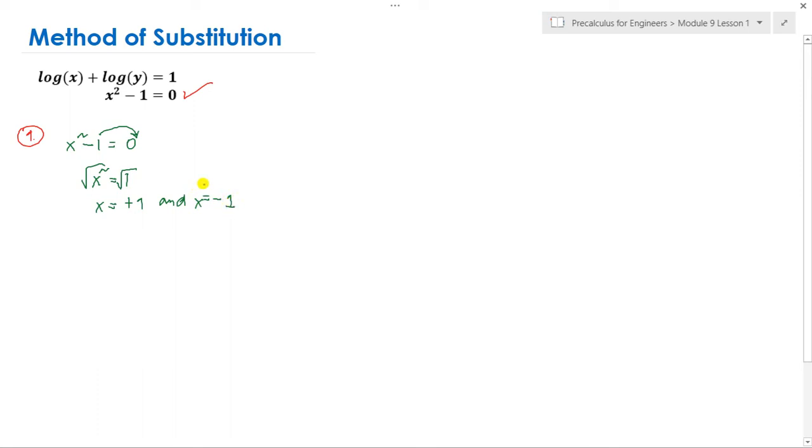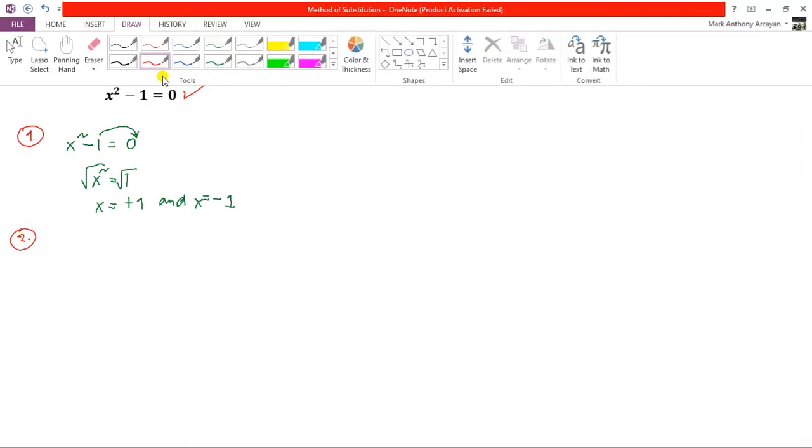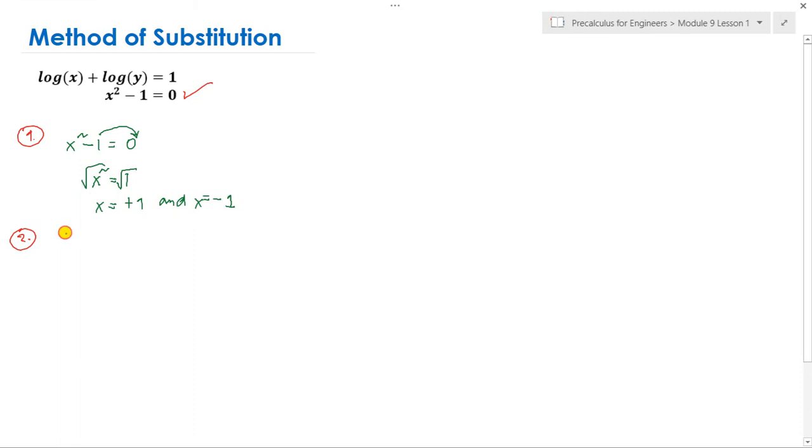So now we have values, and we can substitute them. From equation 1, that would be log of x plus log of y is equals to 1.